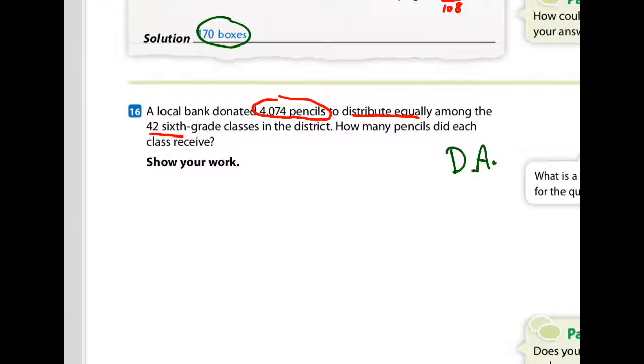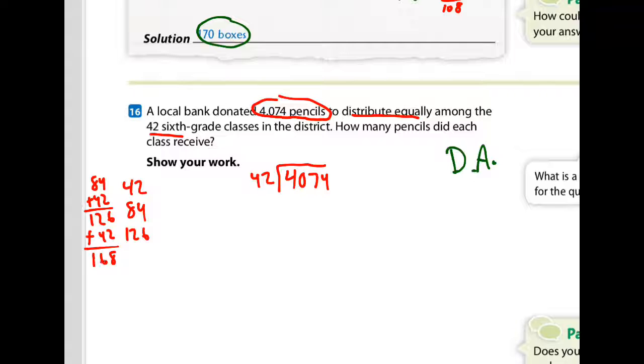So what I'm going to do is 4,074 divided by 42. Now, I'm going to start a little counting by 42 list. So 42, 84. I'll add on 42 over here, 126. And I'll add on one more 42, 168. I at least have the first 4 started.